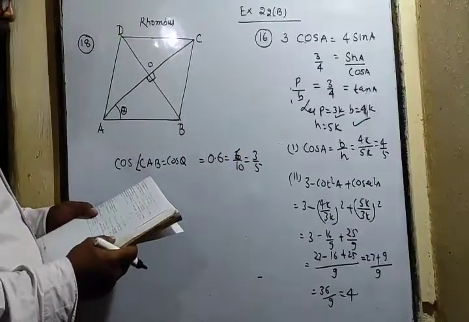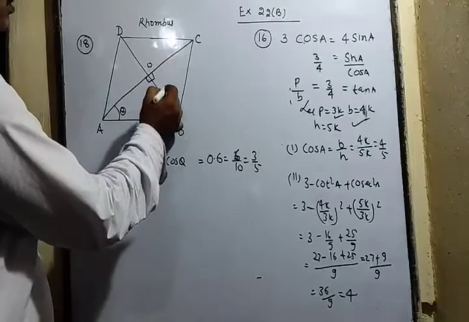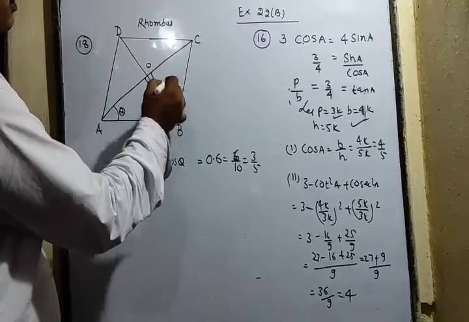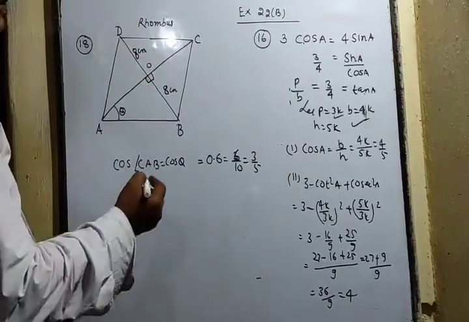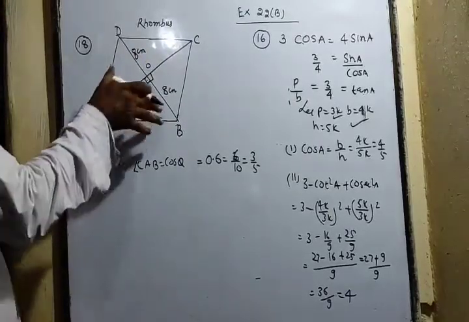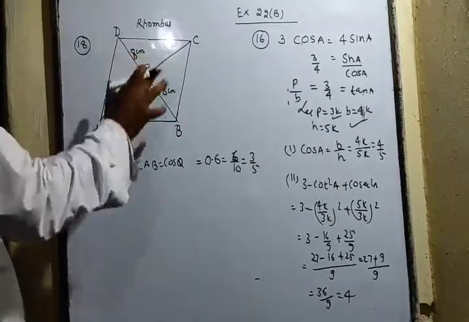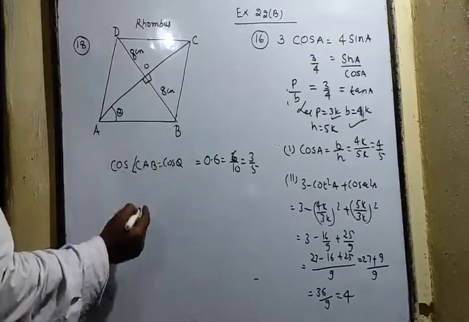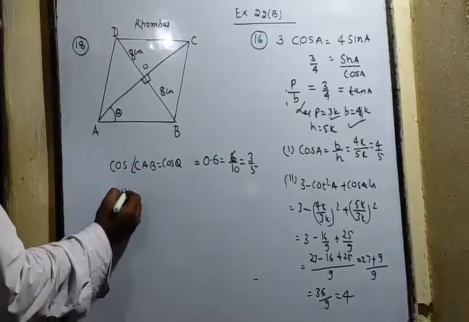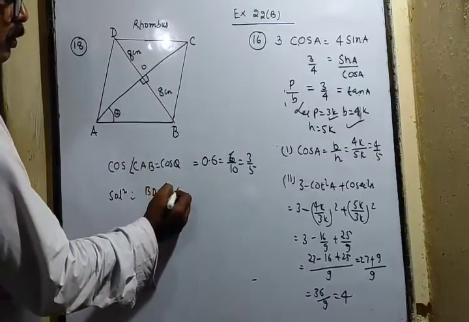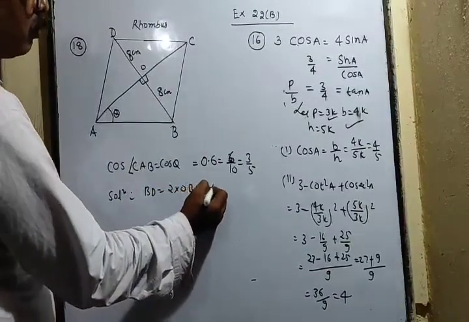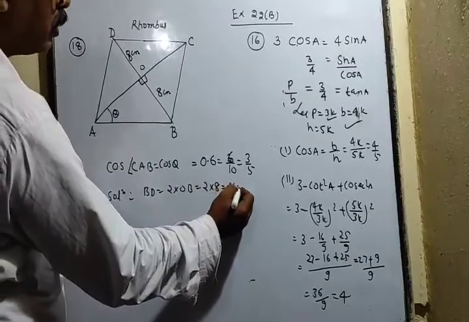And OB is given. This is given 8 centimeter. It means this will also be 8 centimeter because diagonals of a rhombus bisect each other. You have to find out length of BD, length of AC, and length of AB. So solution set, your one answer has come. BD will be equal to twice OB, that is equal to 2 into 8, that is equal to 16 centimeter.